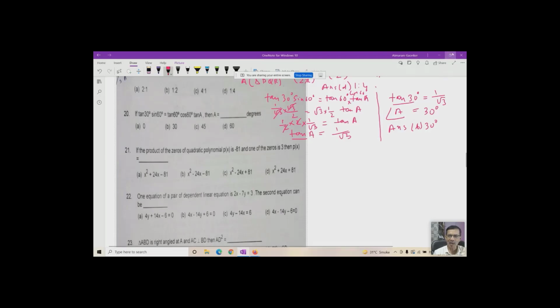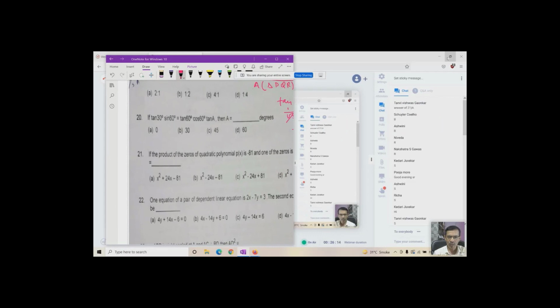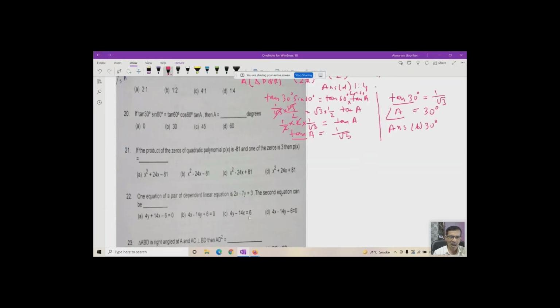Let me check how many of you have solved it correctly. Okay, there is variation. Most of you are saying B.